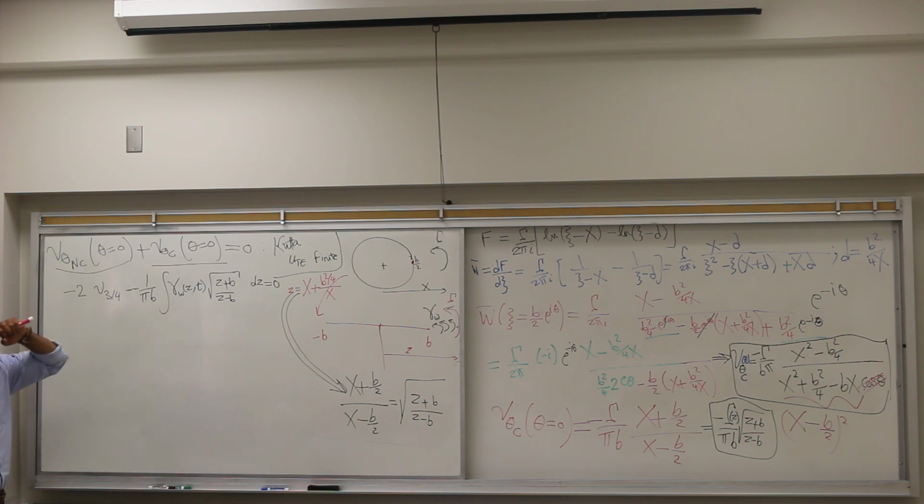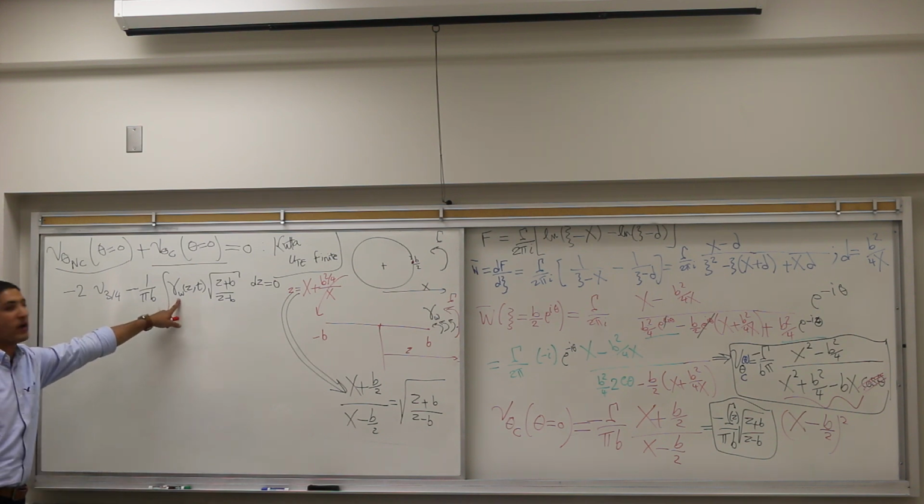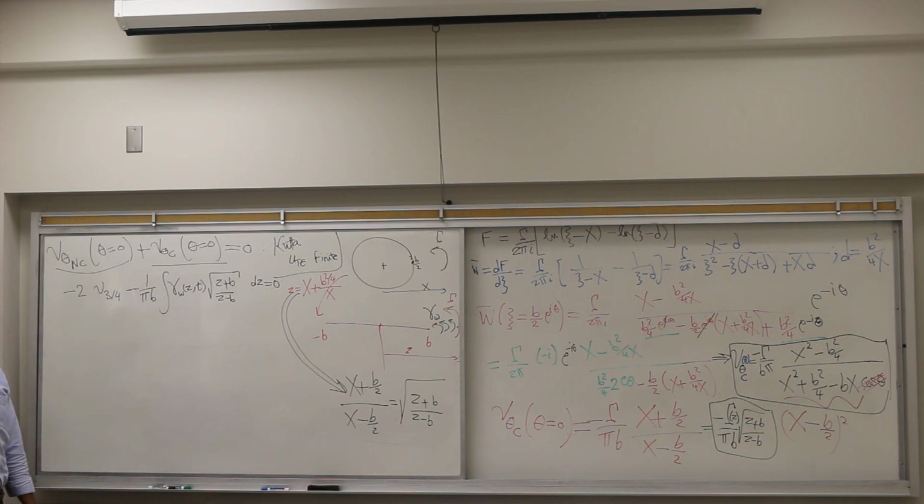Can you give me the limits of the integral? Anybody can give me the limits of the integral? Z goes from where? So I'm integrating over the wake. Okay? So z goes from where?